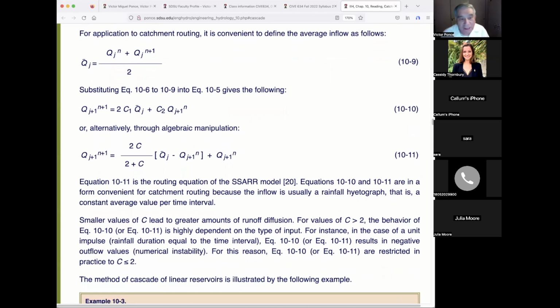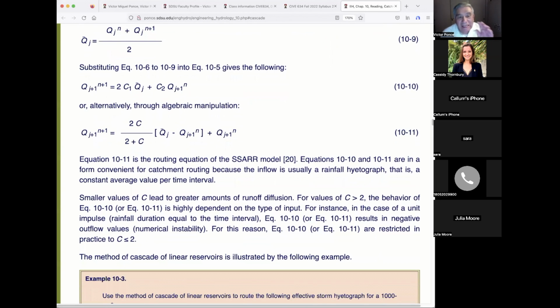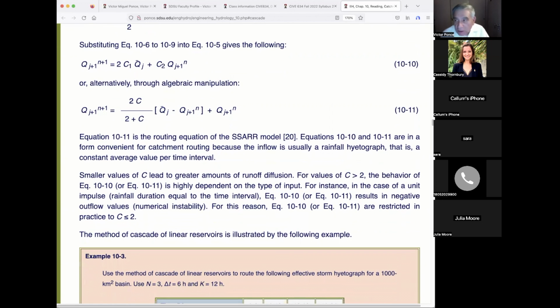So be it. Okay, so those are the formulas that we're going to be using here. 1010 is the one we use in our models, in our calculators, and 1011 is the one that the Army Corps of Engineers uses, but they are equivalent. They are the same. They have the same answer, although it may not look like they do, but they actually do.